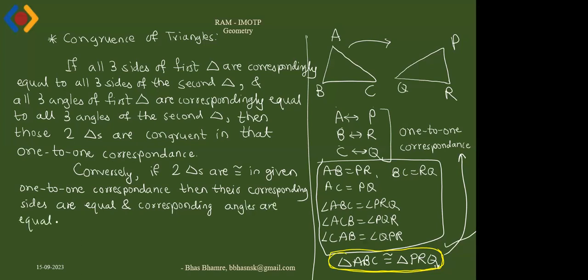When we talk about congruence of two triangles, first we consider their six elements, namely three sides and three angles. So two triangles, when are they congruent? When all three sides and all three angles are correspondingly equal.